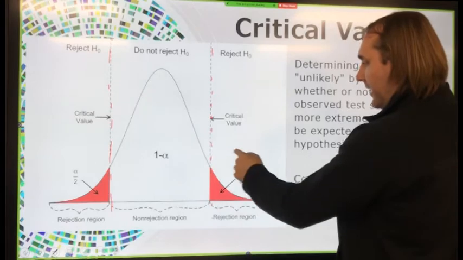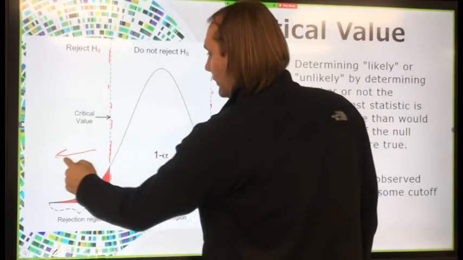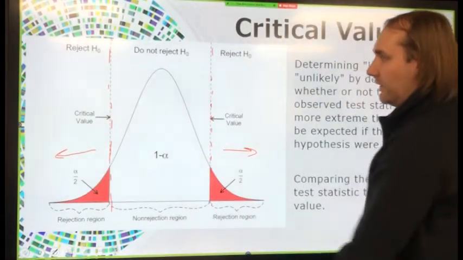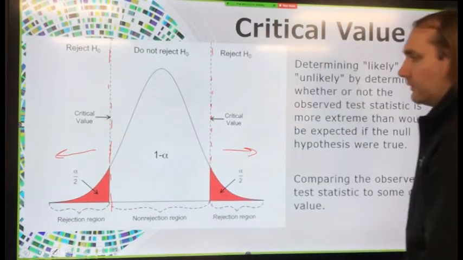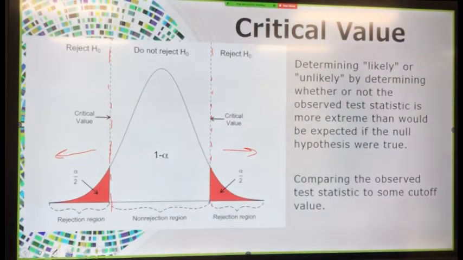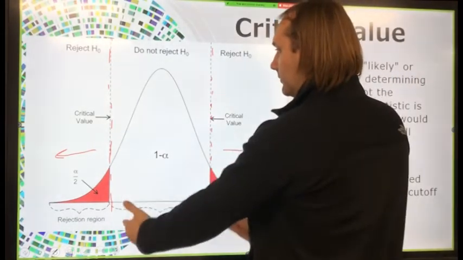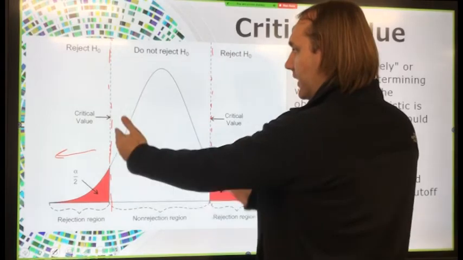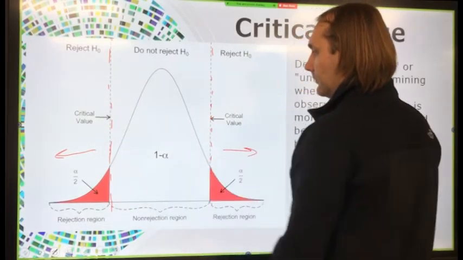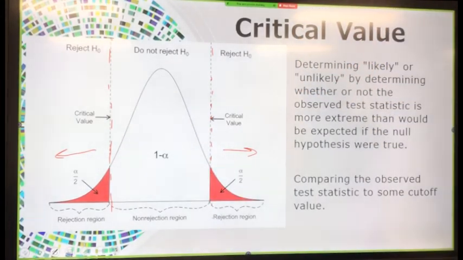If I have anything outside, I can reject the null. Anything inside, I cannot reject the null hypothesis. And we'll talk more about that when we get into that chapter. But that is critical value: deciding what your range is. More or less, you can think of it as your confidence interval. And I think that's it with critical value.